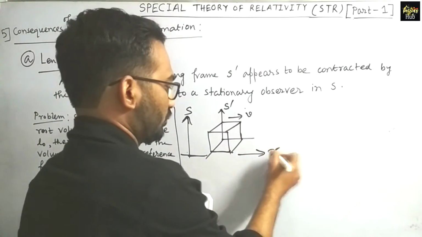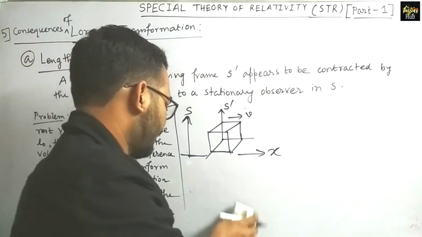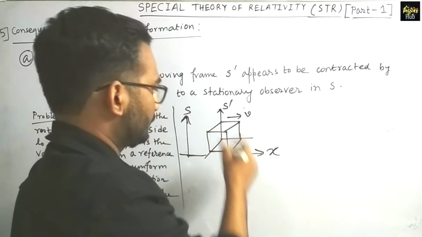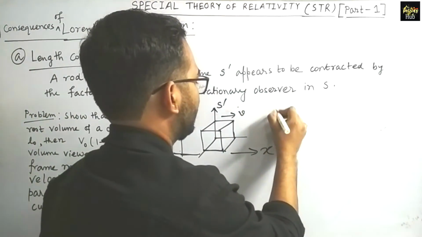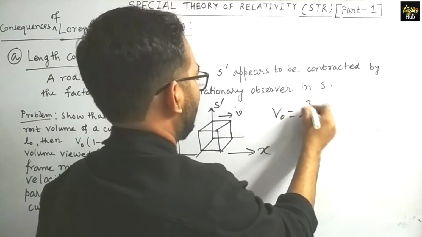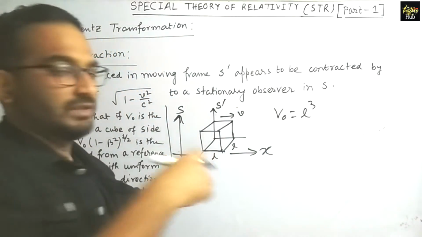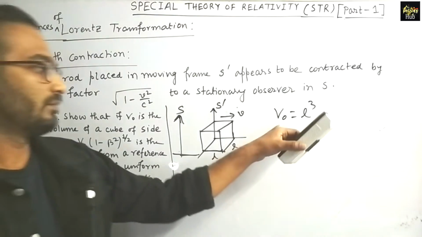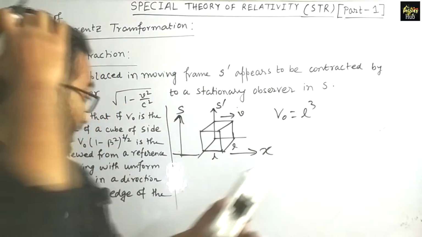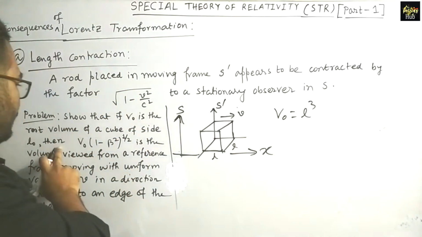Let's suppose this cube is moving along the x-axis. Okay, so in the rest frame, what is the volume of this cube? In the rest frame, the volume of the cube is V naught, meaning V naught equals L cube. If the side length is L, then the volume in the frame where it is at rest is V naught. So V naught is the rest volume of the cube of side length L naught.